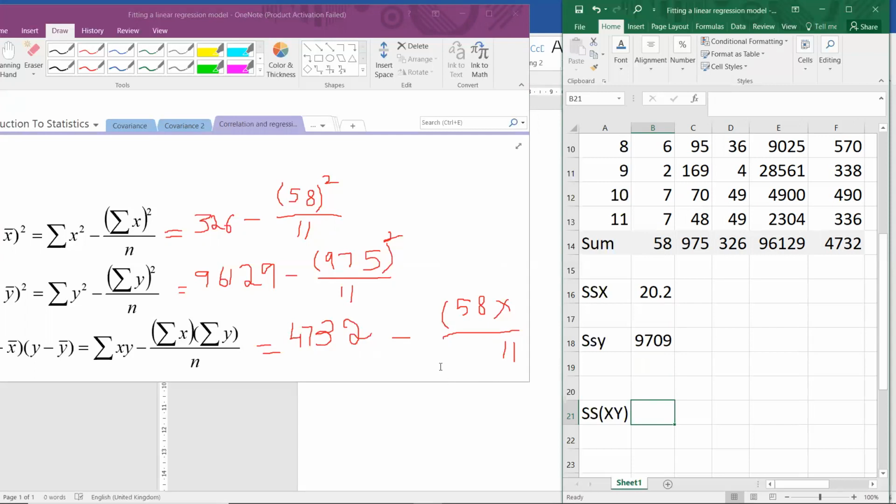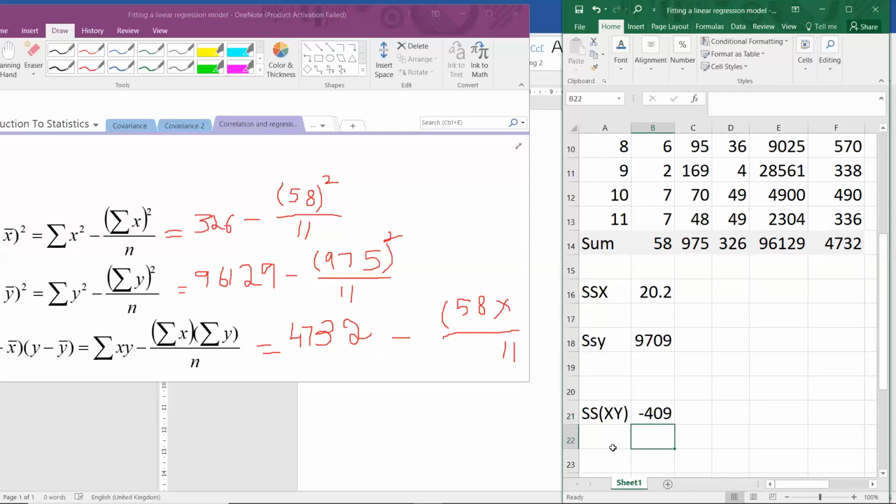Now SSXY can be computed is equal to 4732 minus 58 multiplied by 975 divided by 11.